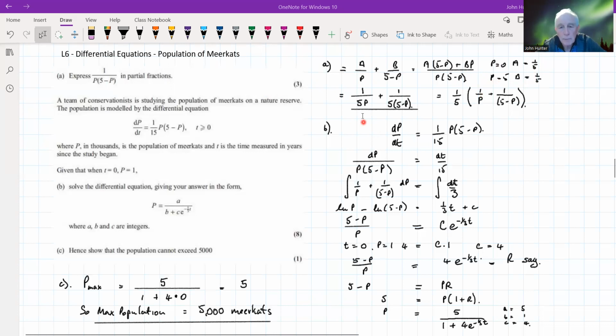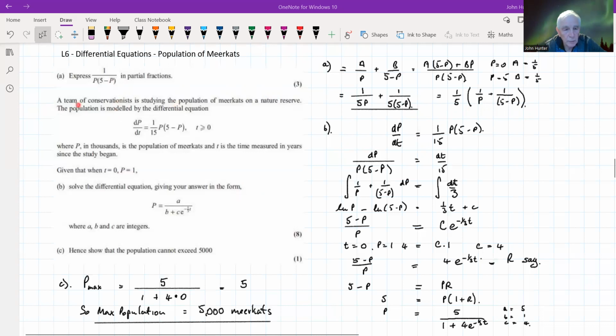So quite simply, this expression can be written in this form, and it might be useful to factorize out that 1/5 to give us it in this form. So that's a fairly straightforward partial fractions operation.